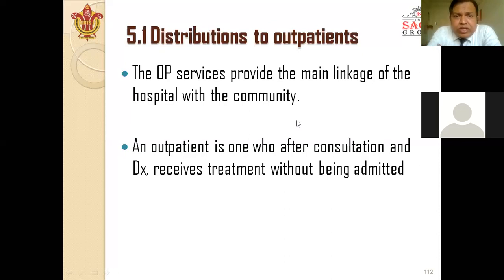Now, distribution to outpatient. The outpatient service provides the main linkage of the hospital with the community. Here, direct patients are coming from the society or community for treatment. An outpatient is one who, after the consultation with the physician or pharmacist, receives the treatment without being admitted.